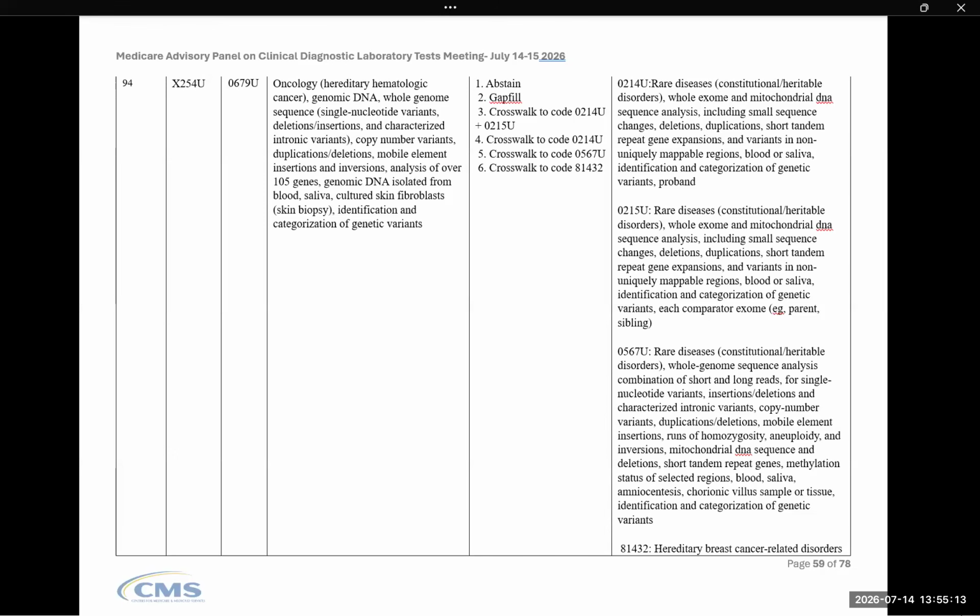There was also a recommendation from the sponsor that I saw of 0218U plus 81435U, which I'm actually not seeing here as an option.